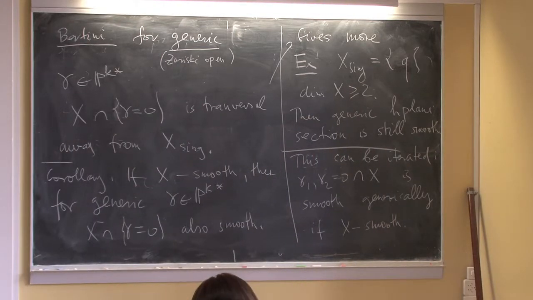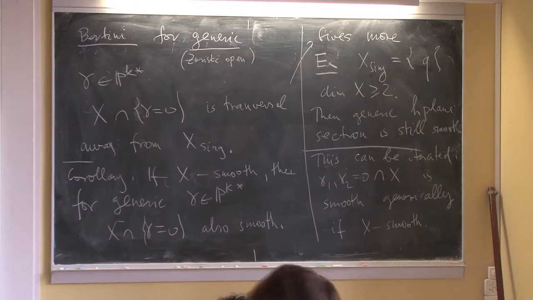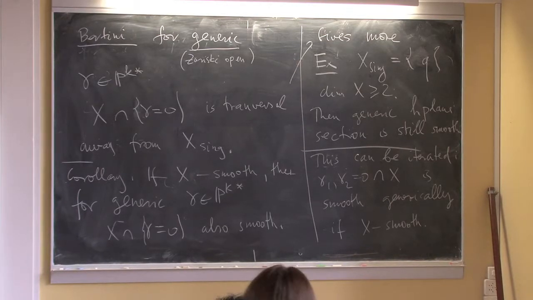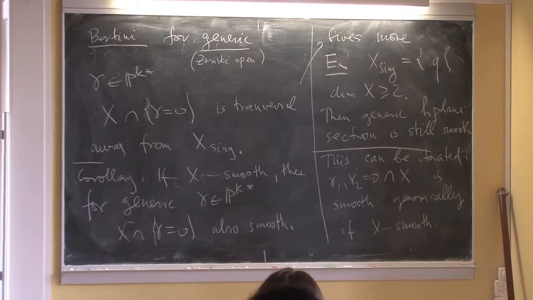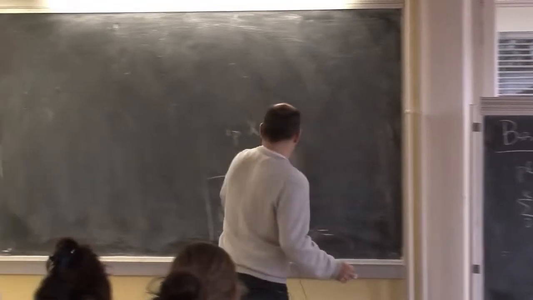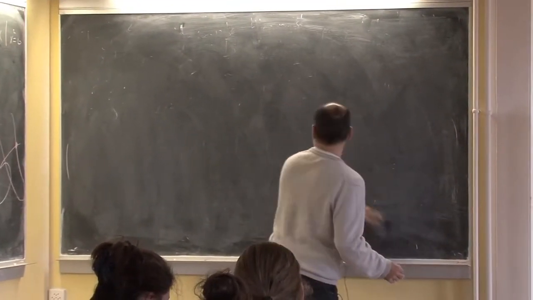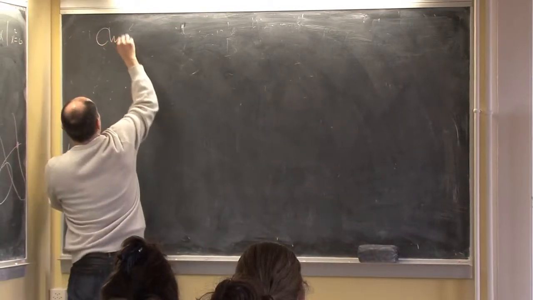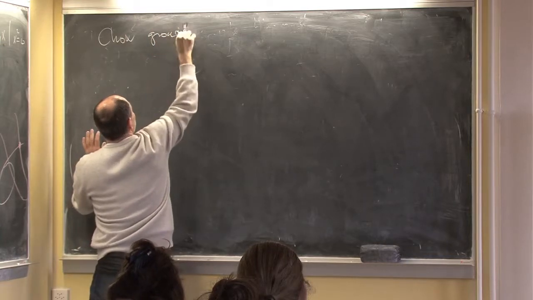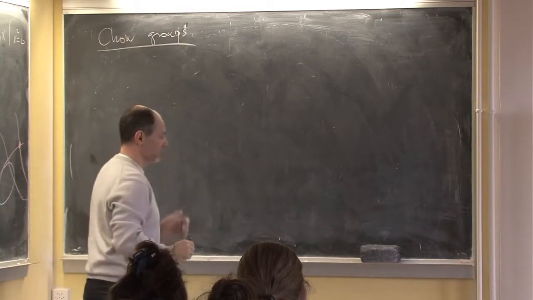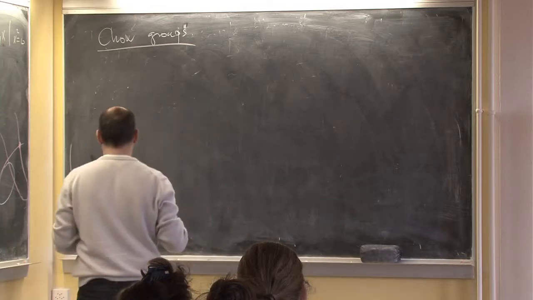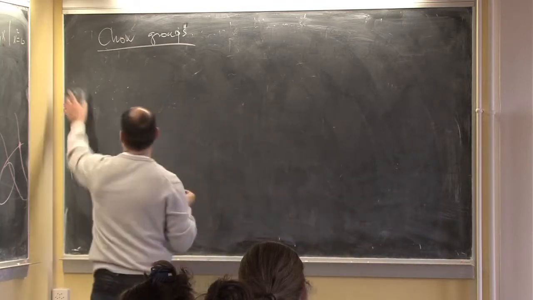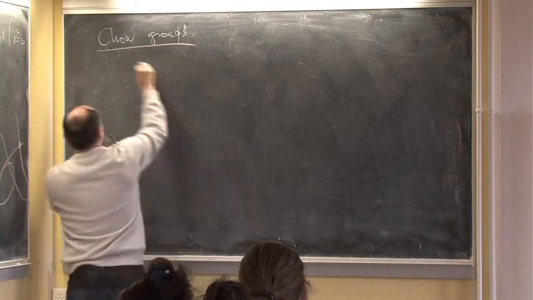Okay, so this is the basics of algebraic geometry that you need to know. And so now we define these Chow groups. You remember the idea was that we looked at the cycles.